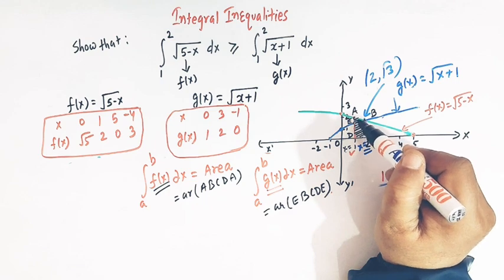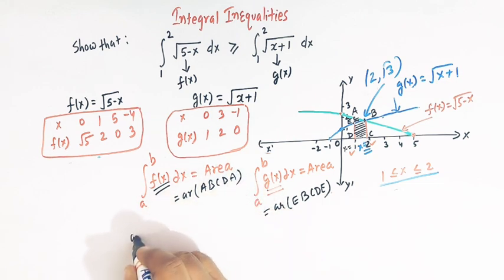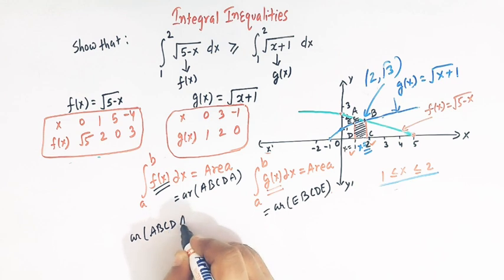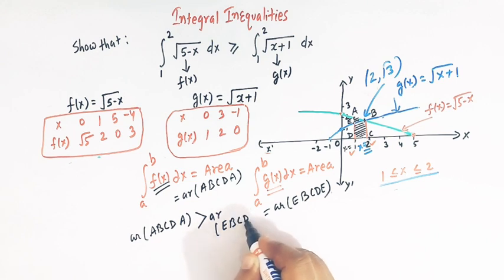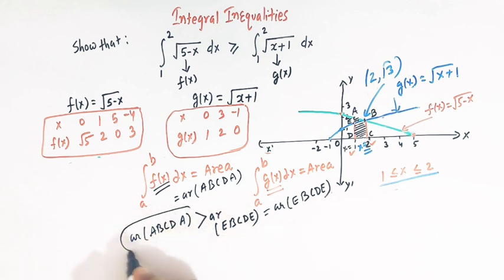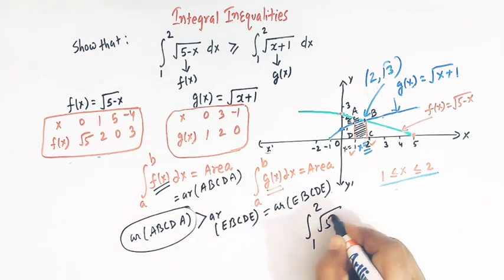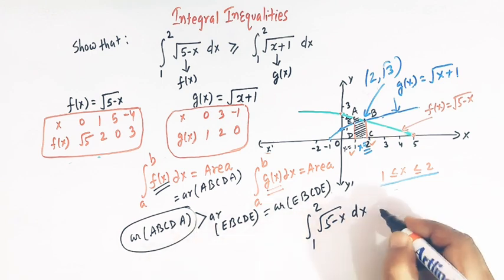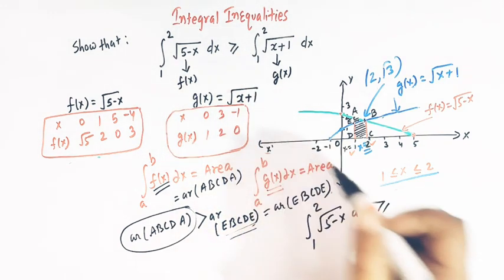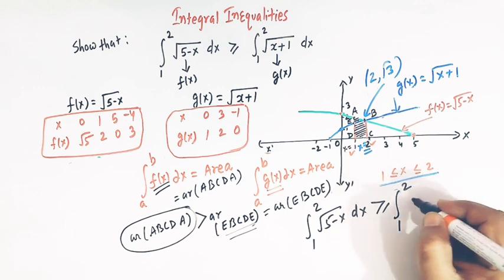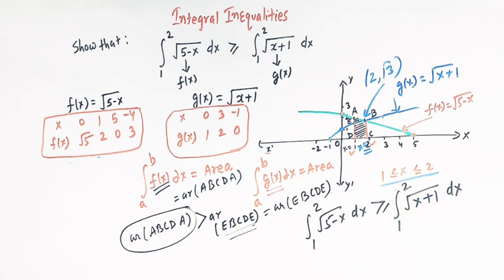So we can see from the figure that this area, area A, B, C, D, A, is greater than the area E, B, C, D, E. This area represents the integral from 1 to 2 of square root of 5 minus x dx, and this is greater than or equal to the area represented by the integral from 1 to 2 of square root of x plus 1 dx, right?